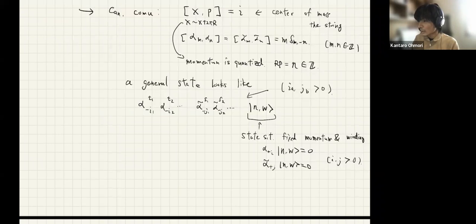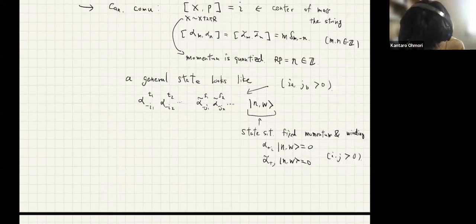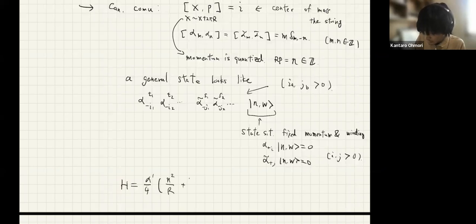And then the Hamiltonian, which is not very important, you can write down in terms of these operators. Here's also a typo. Sorry, it has to be m, and I shouldn't use n here.